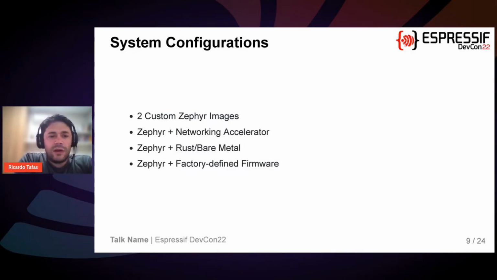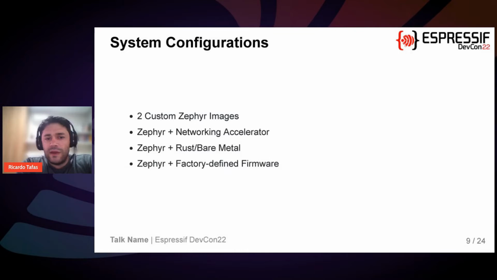Second, if the user doesn't want the networking interfering with their own firmware, they can use Zephyr and use another core just as a network accelerator, which is kind of an on-chip offloaded networking solution.